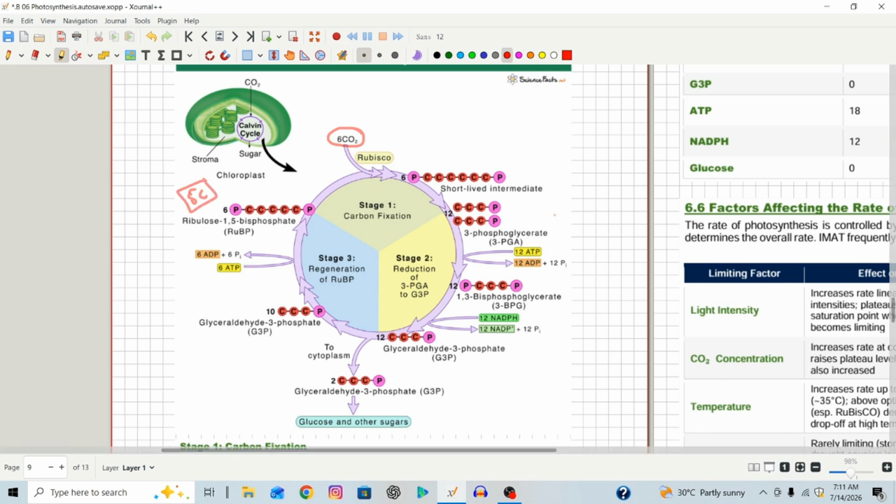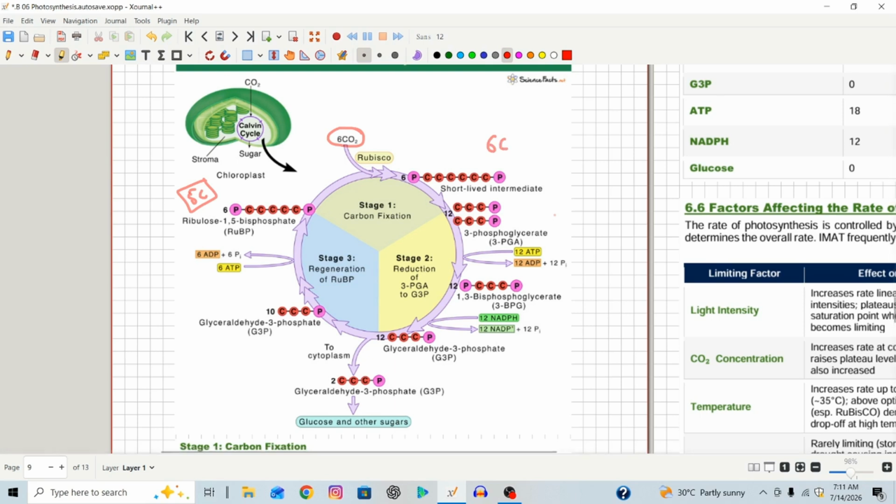the 6 molecules of ribulose bisphosphate that contains 5 carbon atoms. So 5 carbon ribulose bisphosphate, that is also called as RUBP, will combine together with a carbon dioxide. As you can see, the 5 carbon compound will combine together with carbon dioxide. Obviously it will form a 6 carbon compound, and then the 6 carbon compound will be broken down into 2 molecules of 3 carbon compounds.